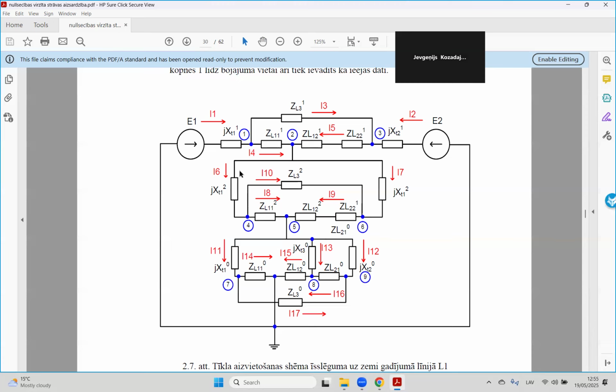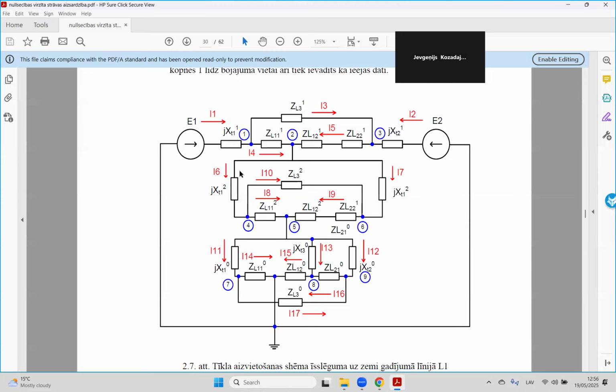But if we have an asymmetrical fault, 1-phase fault or 2-phase fault, this is more complicated, and we must use not only the positive sequence scheme, but negative and zero as well. So if we have a ground fault, in other words, a 1-phase fault.